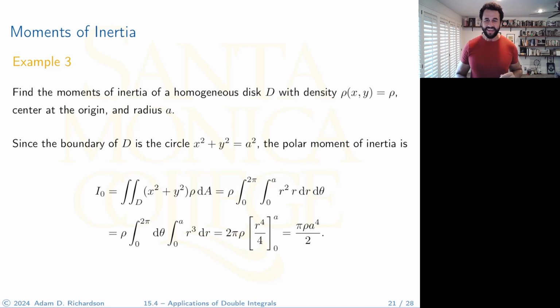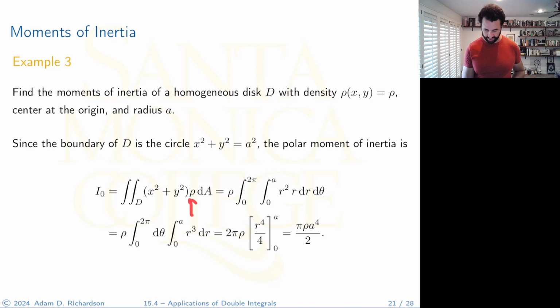So this one, we're actually going to do the moment with respect to the origin first. The boundary of D is the circle x squared plus y squared equals a squared. So the polar moment of inertia is really quick and easy to calculate. This is just going to become r squared times r dr d theta, right?